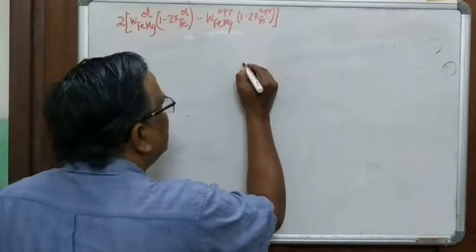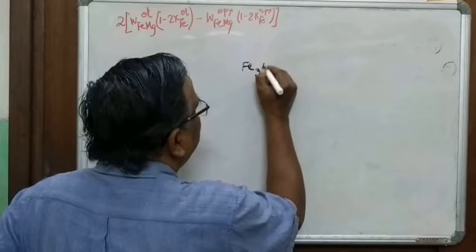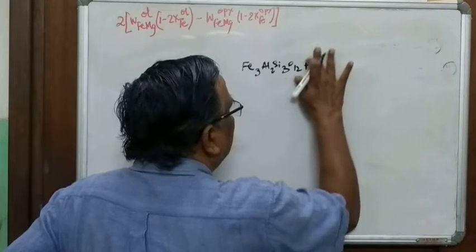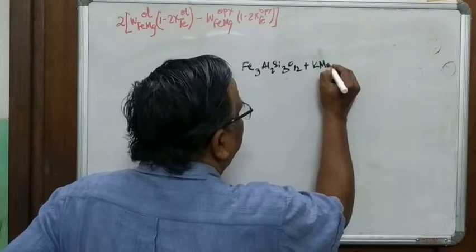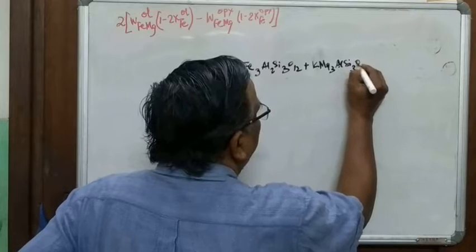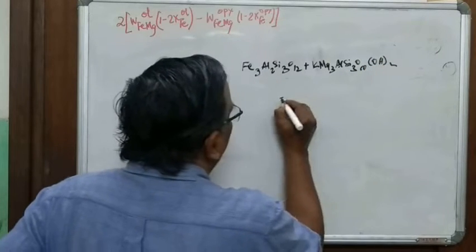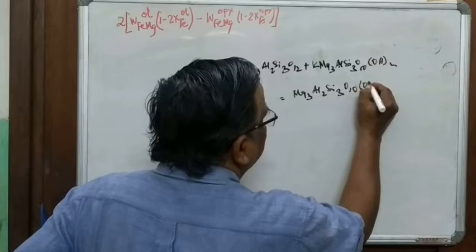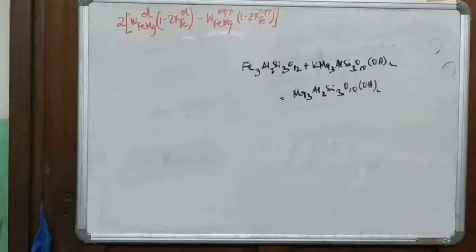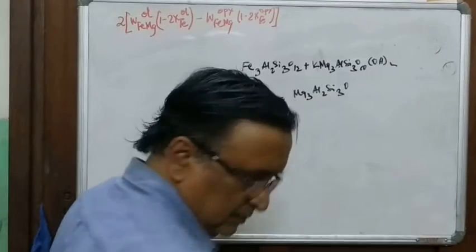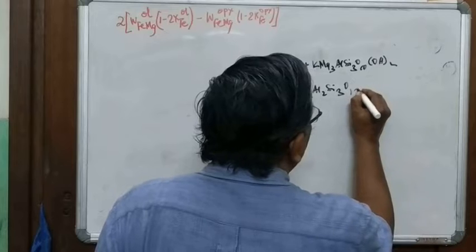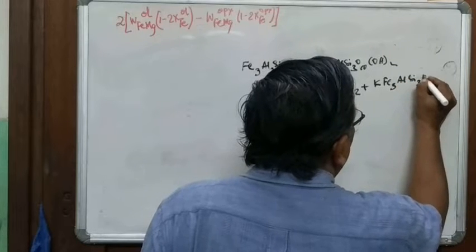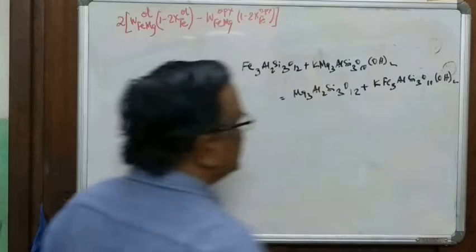Their reaction was, and I don't have the paper with me, Fe3Al2Si3O12 plus KMg3AlSi3O10(OH)2 is equal to Mg3Al2Si3O12 plus KFe3AlSi3O10(OH)2. That's the equation they took.